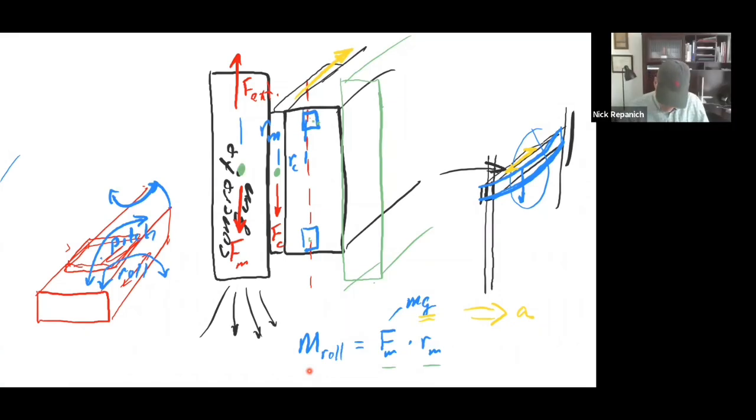Depends, right? If I drew the center of mass right here, and the center of mass is right here, when you begin to accelerate it, I don't think you have much yaw. You have mostly pitch moment.